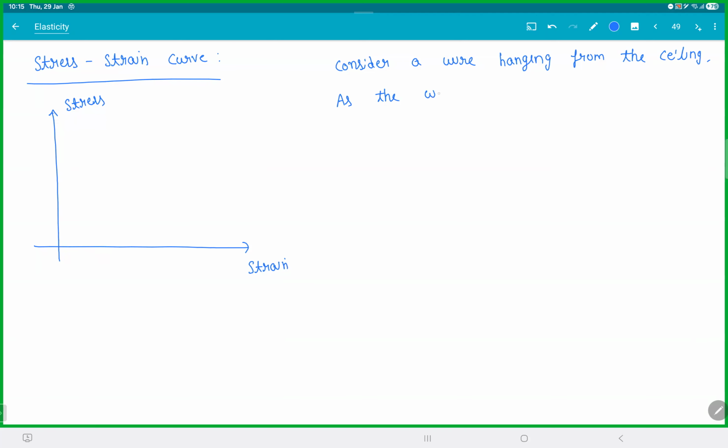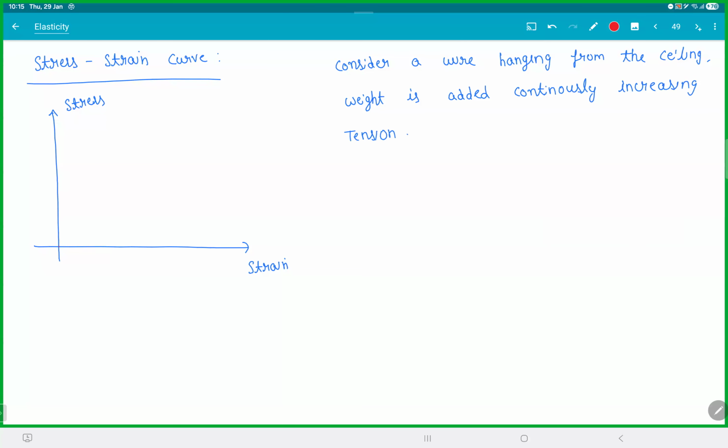As the weight increases, weight is added continuously, increasing the tension. So we are studying how the stress and the strain curve vary. The graph looks like this.